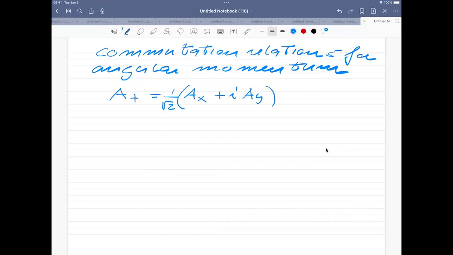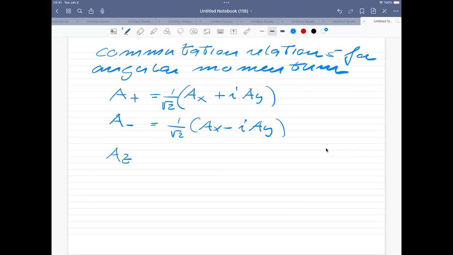I guess you've seen these kinds of notations before. And then you have a similar one with A minus, which is A_x minus i times A_y. So these are just the x and y components. And then we have an A_z term, which is just the z component of a vector.